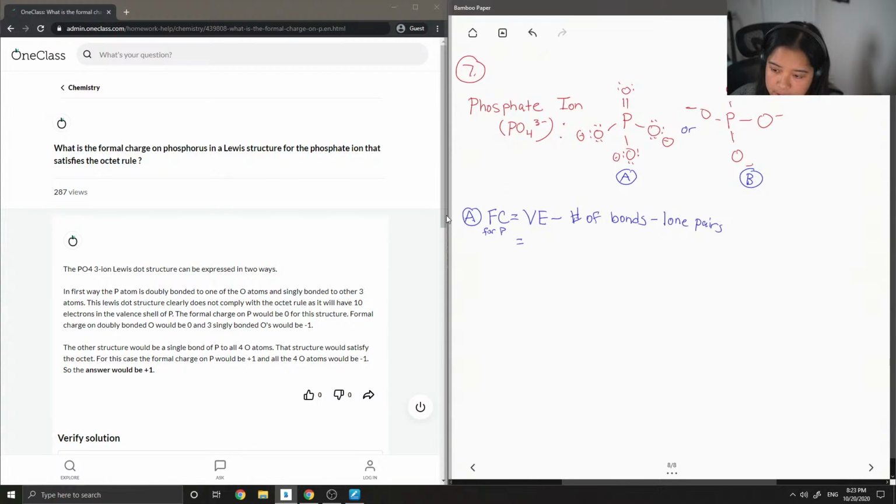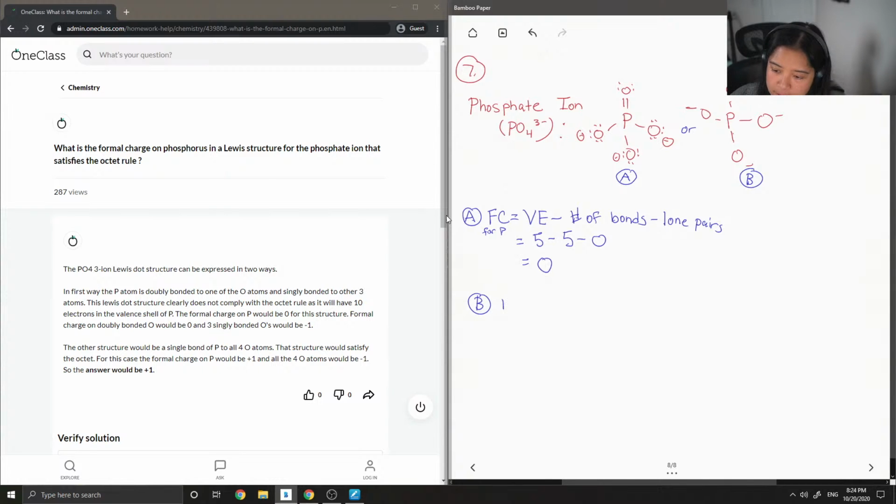So the valence electrons on phosphorus is 5. The number of bonds are 1, 2, 3, 4, 5 for ion A. And there are also no lone pairs. So the formal charge is equal to 0.